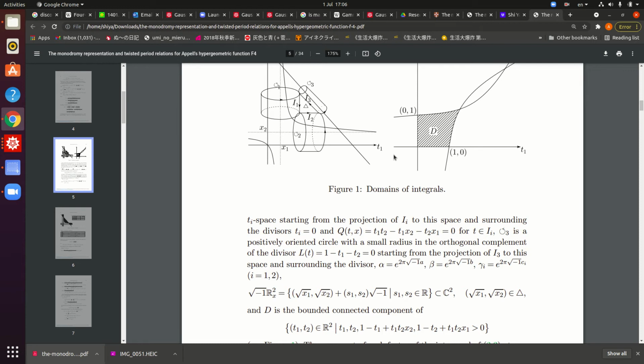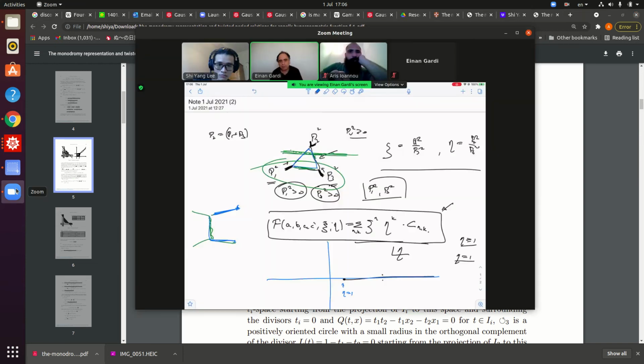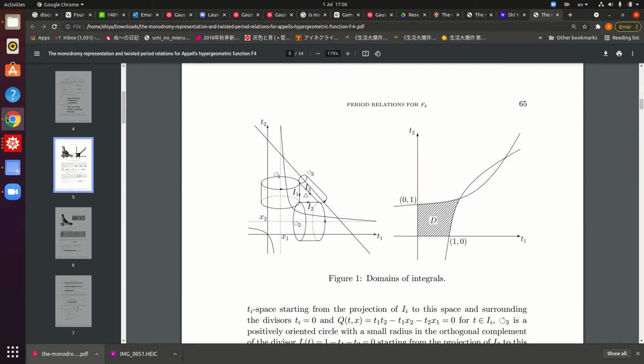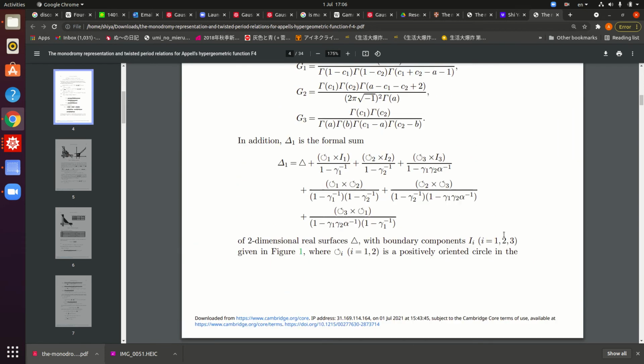Okay, now let's look at figure 1. Are you looking at figure 1? Okay, so I think that the divisor L is this diagonal line. I can show you the definition. If we go up, what is L?